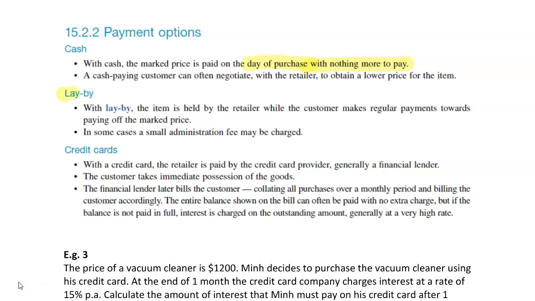Now, lay-by is something that you may not see a lot of anymore, because other things have sort of replaced it. With lay-by, you'd put a deposit down and the customer makes regular payments towards paying off that item, but the item is held by the retailer.